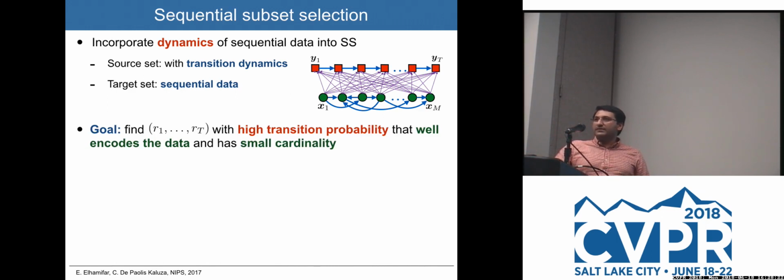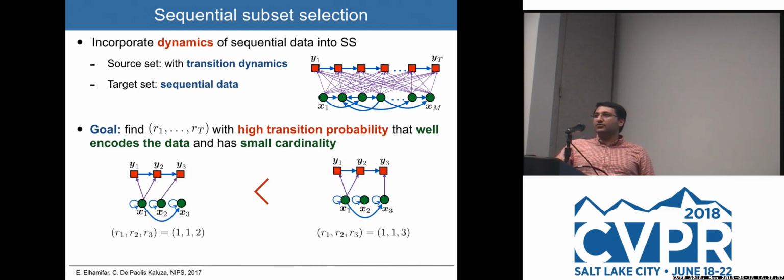So the goal, in addition to the previous case where I wanted to recover representatives that well encode the data and form a small cardinality set, is also to recover a sequence of representatives, R1, R2, up to RT, which are the representative assignments for Y1 up to YT, so that these sequences of representatives have very good dynamic compatibility according to the transition probabilities that I have in my source set.